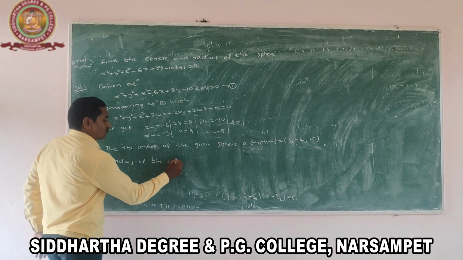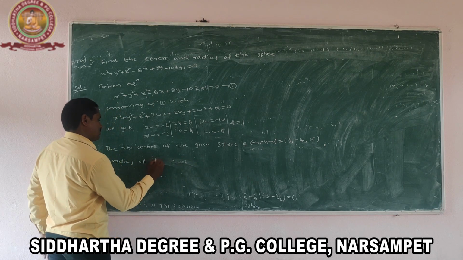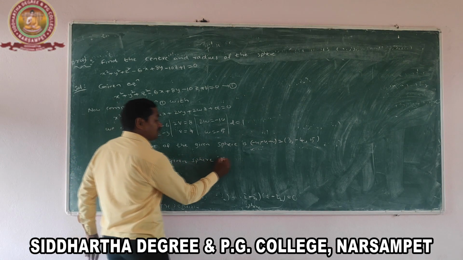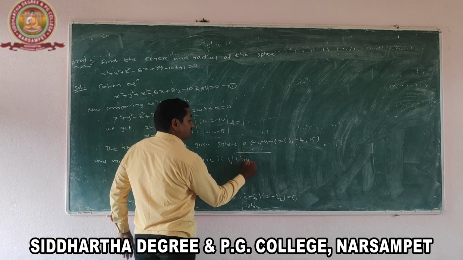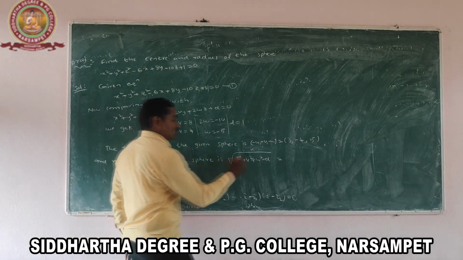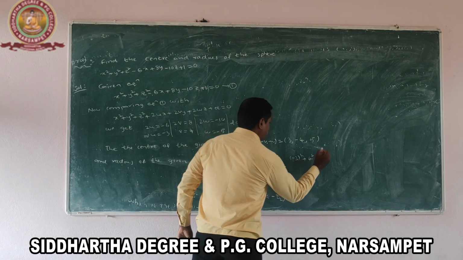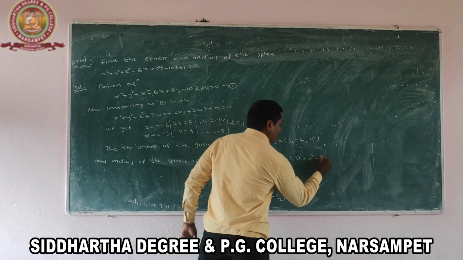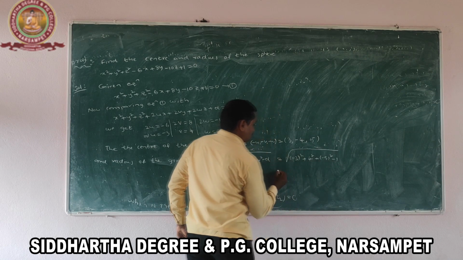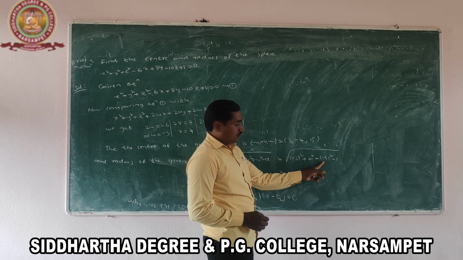Next, the radius of the given sphere is square root of u square plus v square plus w square minus d. So u square is minus 3 whole square, v square is 4 square, w square is minus 5 square, minus d means minus 1. So 3 square is 9, 4 square is 16, 5 square is 25, minus 1.